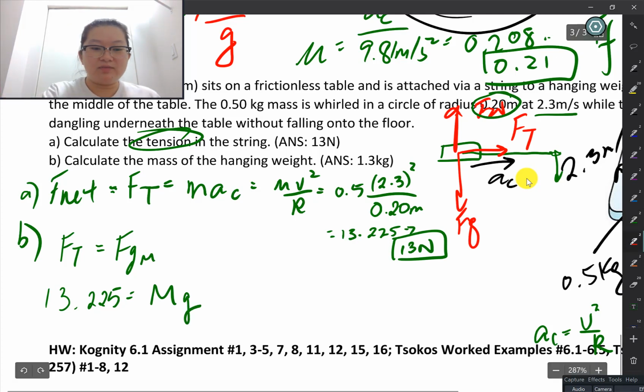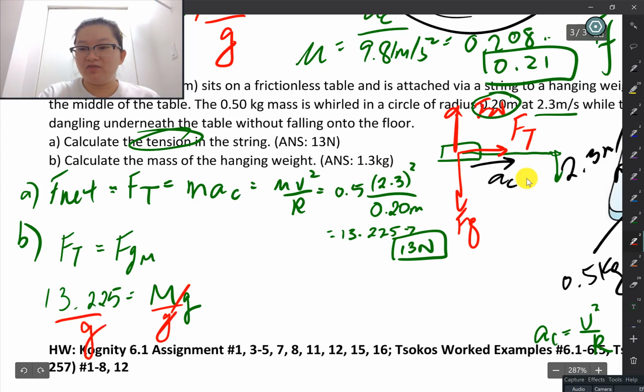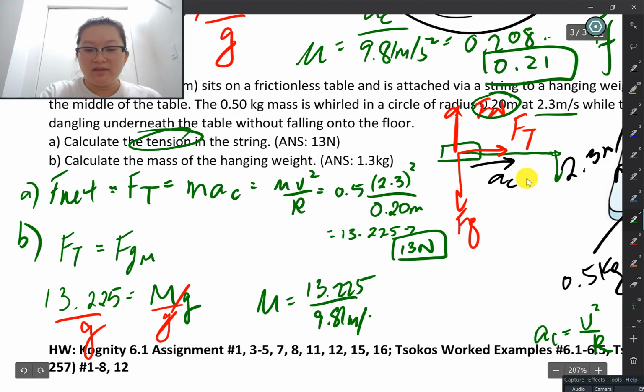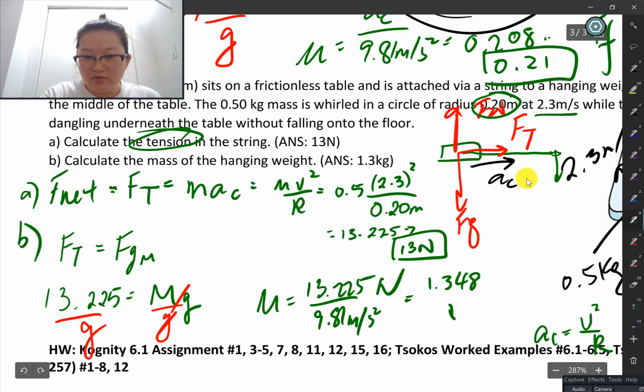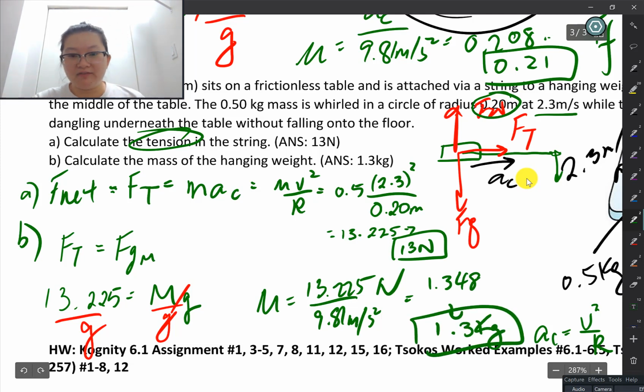Then I divide both sides by gravity, and that's going to give me my big M. So that is 13.225 divided by 9.81. And that's going to give me 1.348 kilos, which rounds up to 1.3 kilograms.